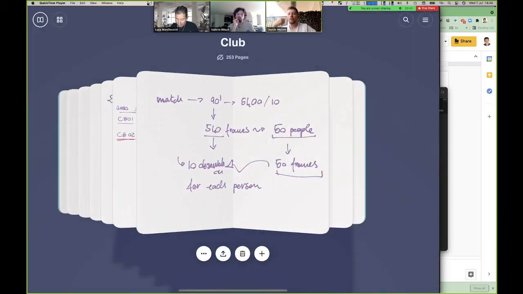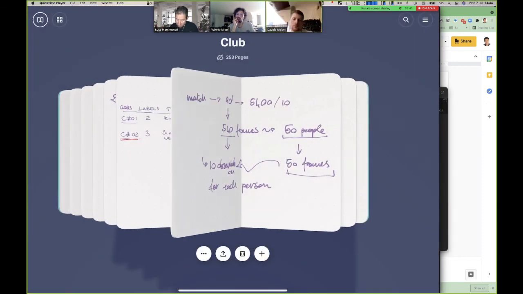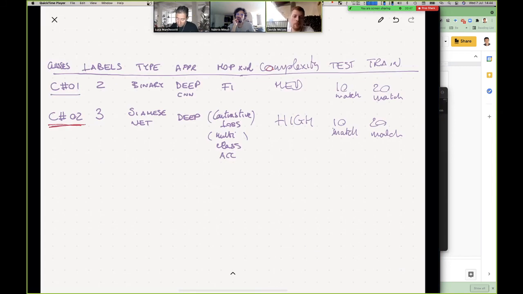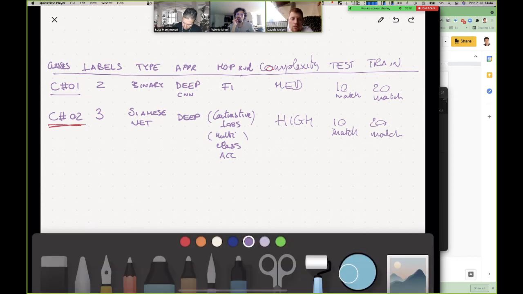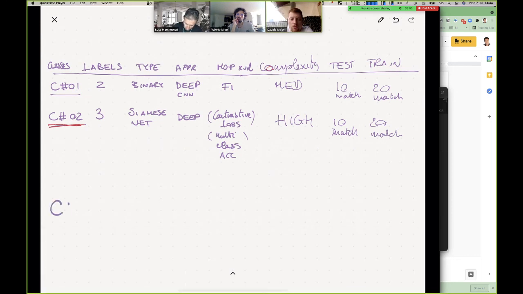Okay. All right. Let's say that we go at 500 frames per match. It means that for C2, let's assume that we need at least 10 poses of the same person.